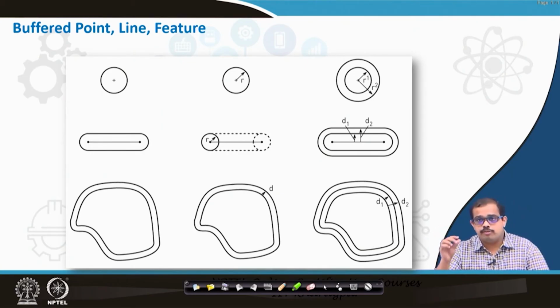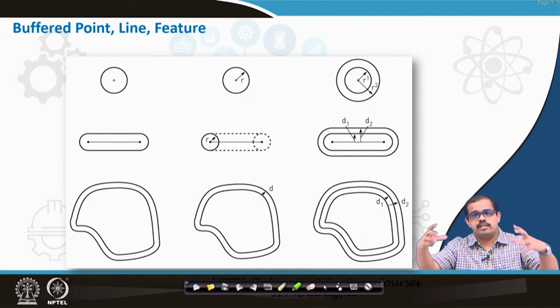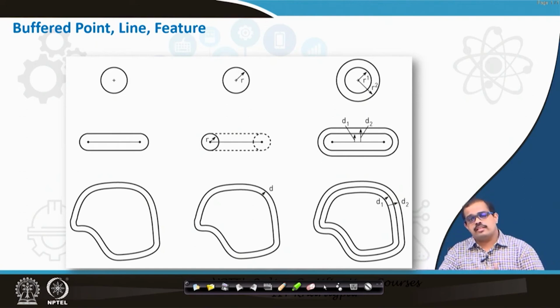You will fix a certain amount of buffer. If you increase the buffer in this region, this is the amount of impact. If you increase to this, if you increase to this. That is how certain additions are considered when such big infrastructures are coming up.